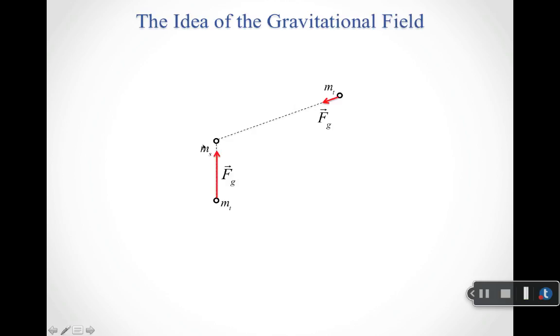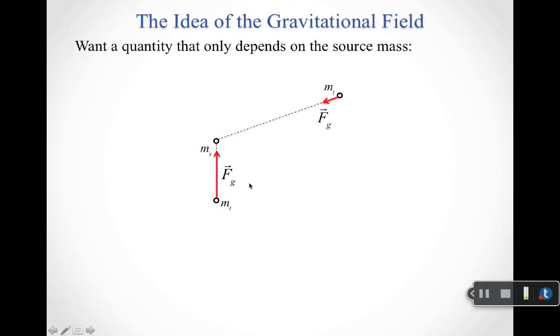It's still going to care about how big the source mass is, how big the test mass is, and the distance separating them. And because now my test mass is a lot closer, in fact about half as close, it'll be roughly four times larger than what that force was initially. So I'm going to have some relatively large gravitational force that my test mass feels at this point.